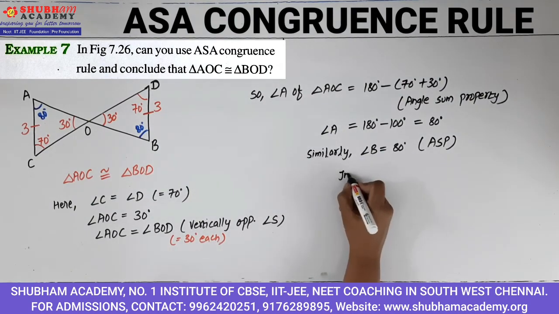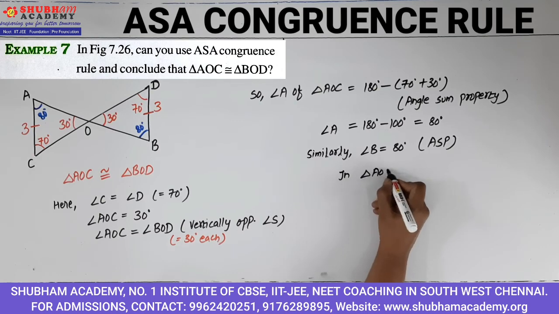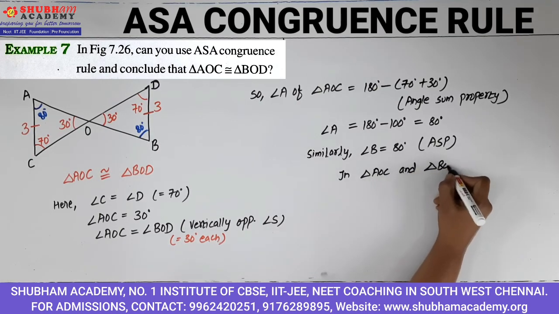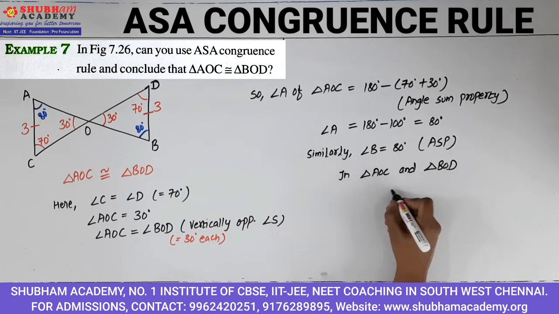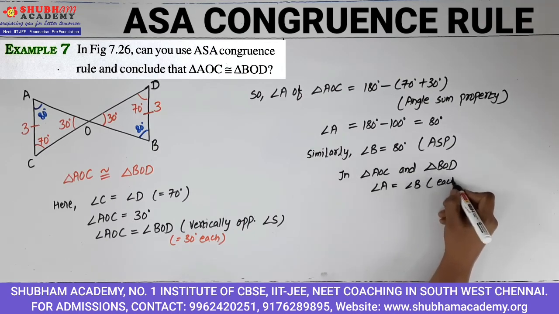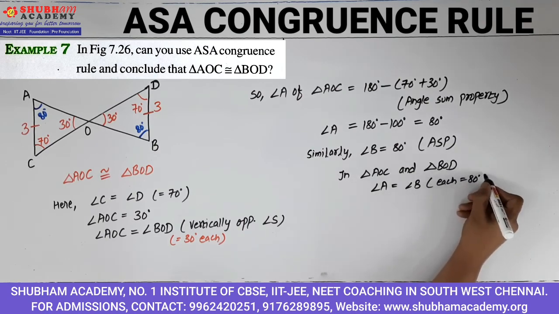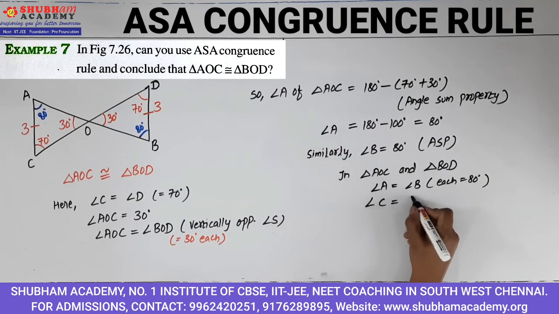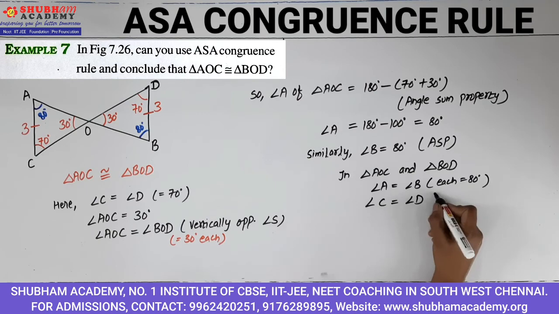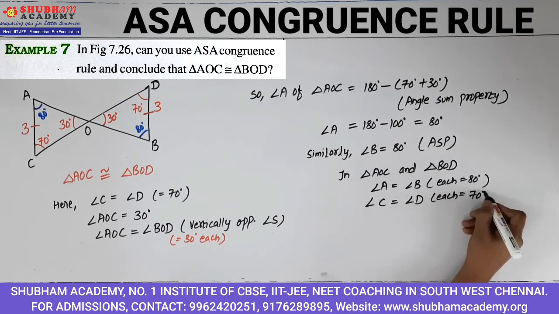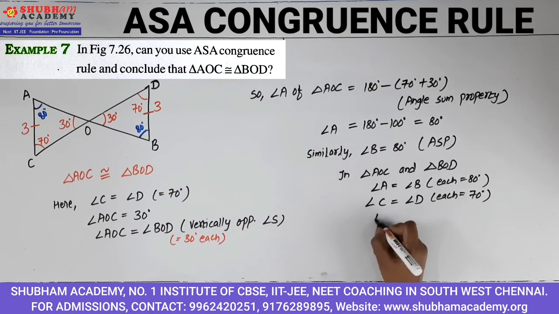Now what can I say? In triangle AOC and triangle BOD, we have angle A equals angle B, each equals 80 degrees, angle C equals angle D, each equals 70 degrees, and what else?